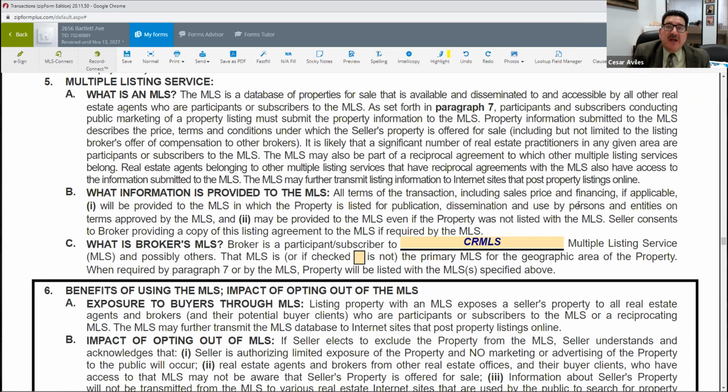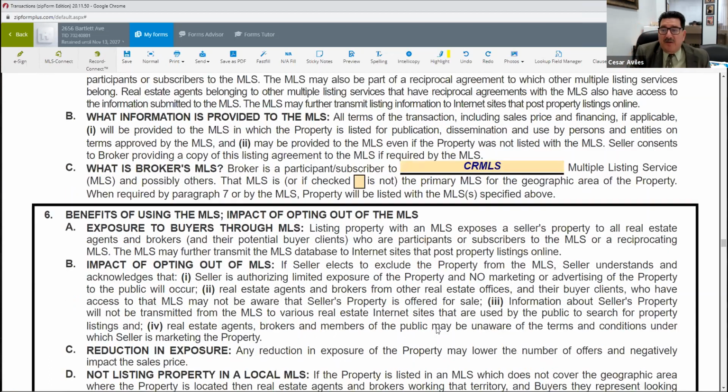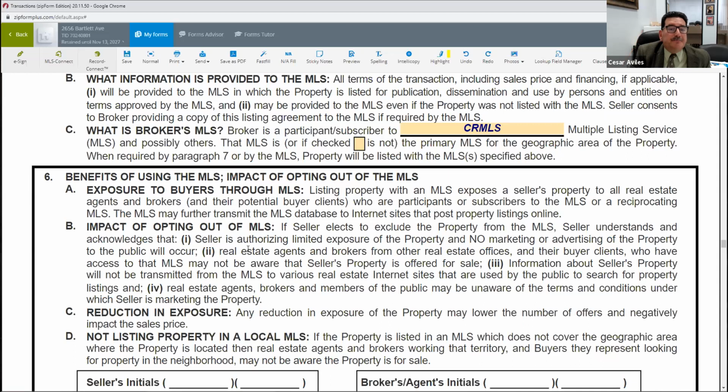Sometimes you will have to list it in that MLS. And the seller may say, hey, if you don't list it among the brokers in this area, how are you going to market it? That's one of the questions for another day.